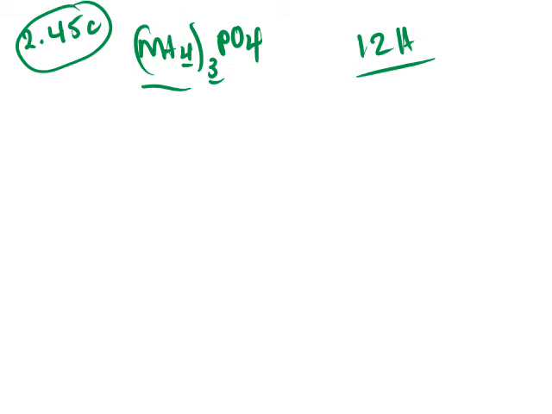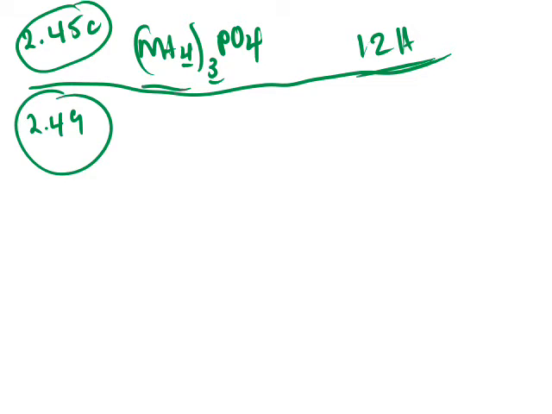The next problem I'd like to go over is number 49. And again, I'm going to pick only a part of that problem to explain how to do this kind of problems. So 2.49, a part that I'm selecting would be cobalt 3 plus. They gave you the mass number is 59, which is protons plus neutrons.